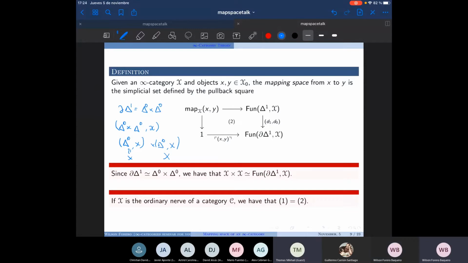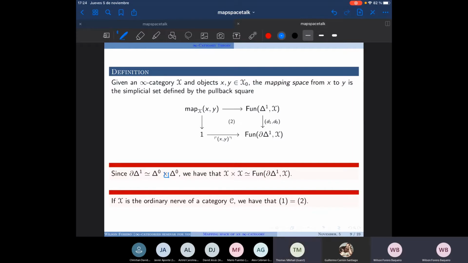That would be why you have X times X. But to the left of that, there should be the coproduct, not the product. Yes, thanks. It was a mistake, I think. I have to check whether it is the product or the coproduct.